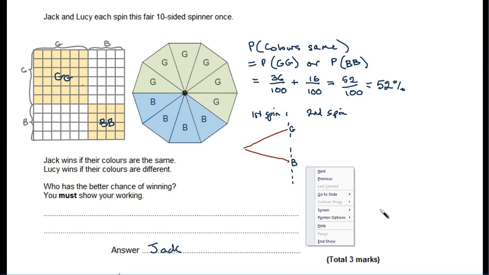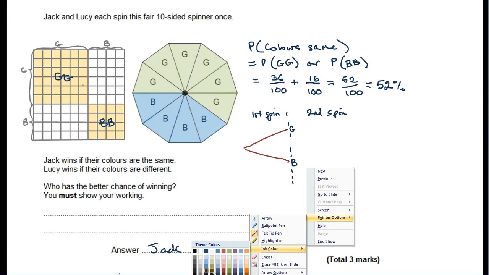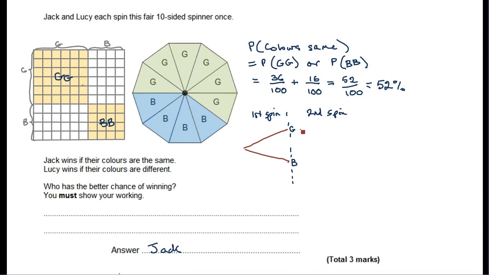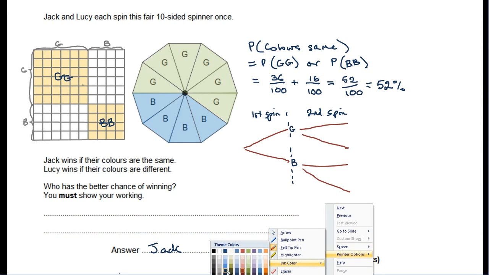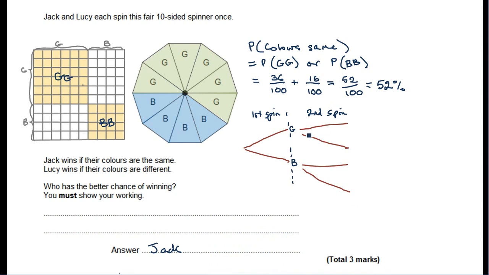And now we've got the second spin, which we can draw. Again, if I use a different colour, that should make it clearer. We can draw like this. Okay, and again, we've got the same outcomes. We've either got a green or a blue.